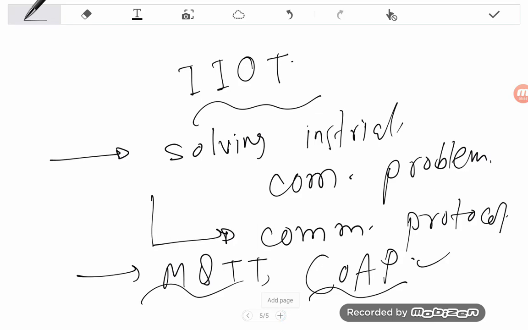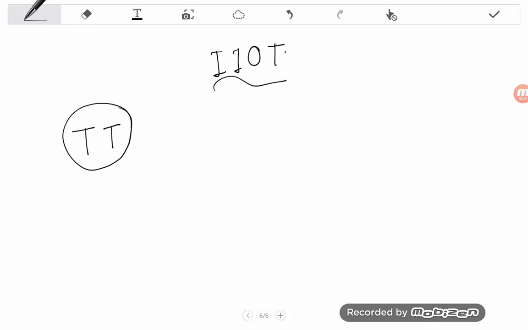So now I want to give you a very simple example of how this IIoT works. Let us consider a temperature transmitter, TT, and an actuator, it may be a motor operated valve. This temperature transmitter is connected to a GSM modem.